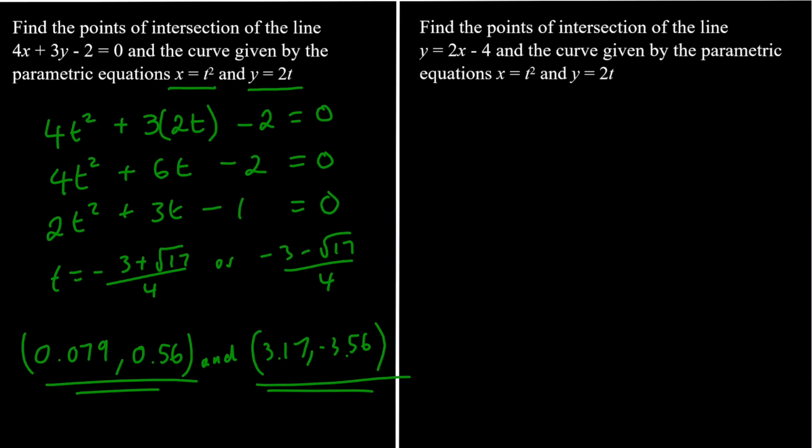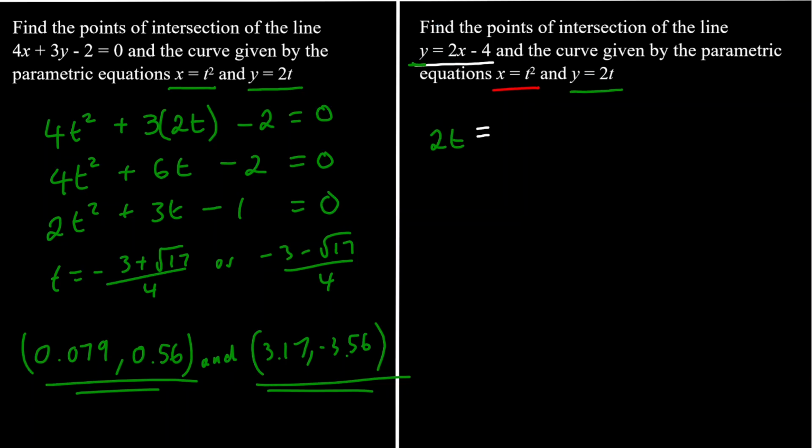So we have a line y equals 2x minus 4 and a curve given by the parametric equations x equals t squared and y equals 2t. So let's substitute in our x and our y, so we've just got something in terms of t. So we're going to change y into 2t.